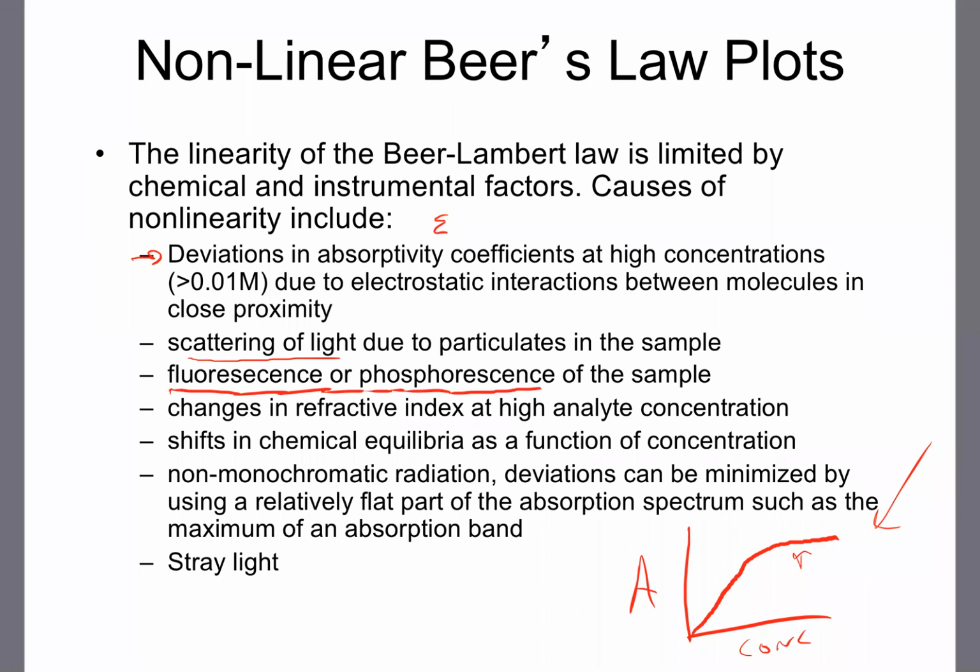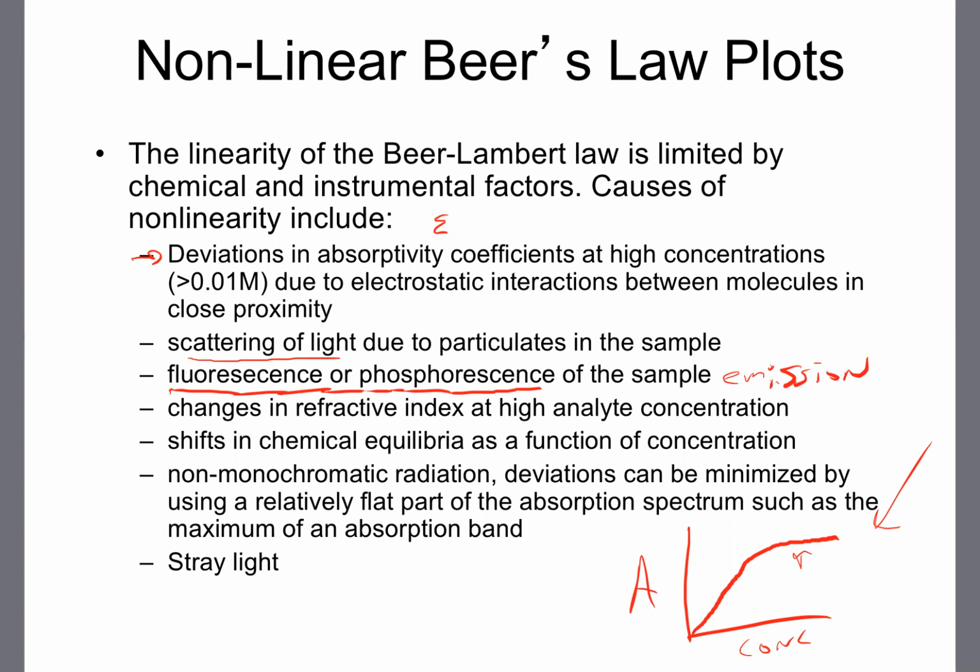Another thing that can go wrong is fluorescence or phosphorescence. Now, we haven't talked about what this is, but this is actually an emission spectroscopy. And in emission spectroscopies, what actually happens is the molecules of interest will absorb light, but they actually then glow or give off light. They emit light to the surroundings.